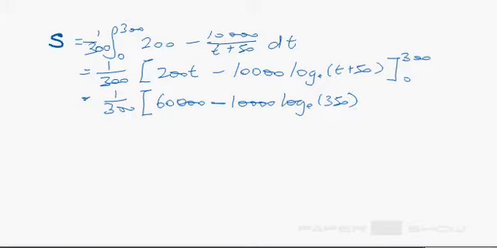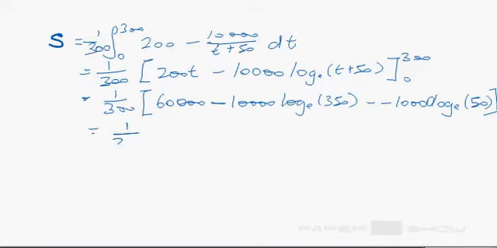Now minus, what happens if you put in t equals 0? 200 times 0 is 0, and you want to minus the next term as well. Two minuses: 10,000 times log to the base e of 50. Great.